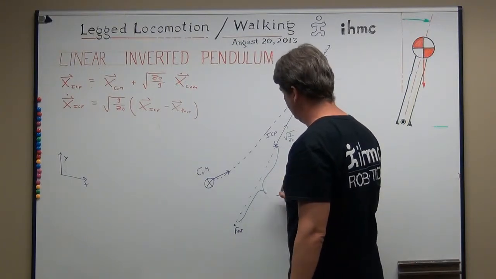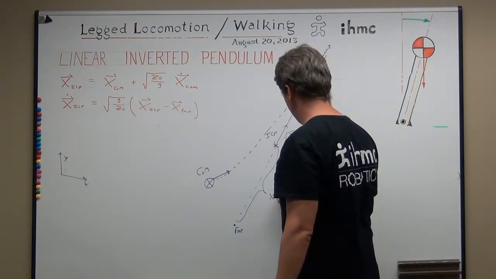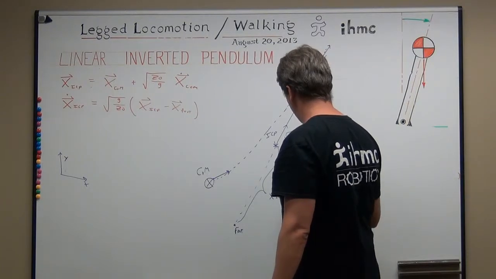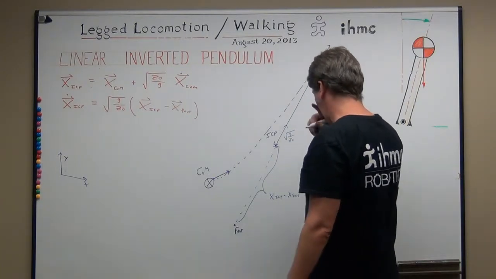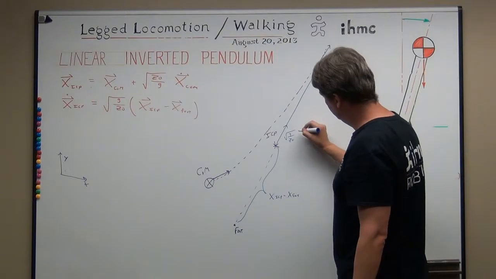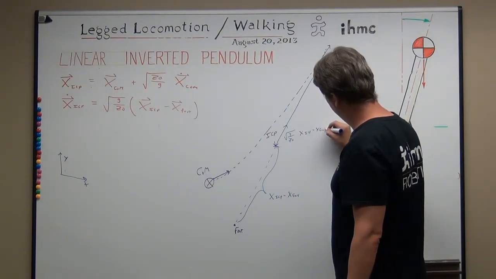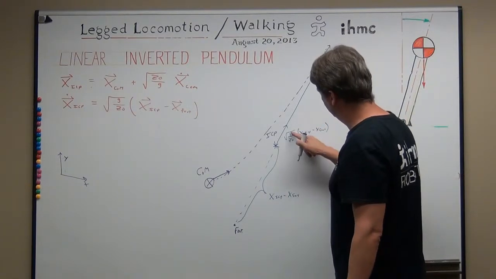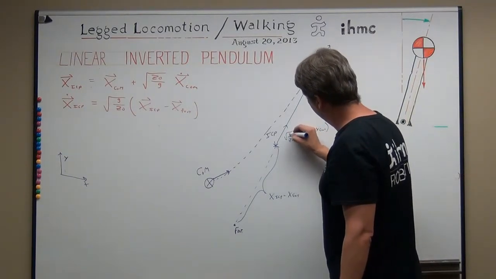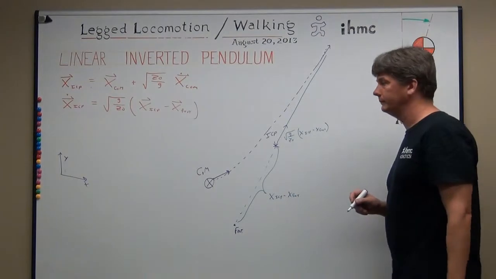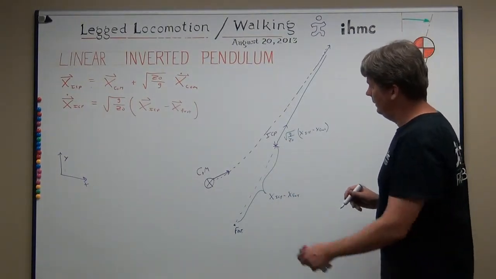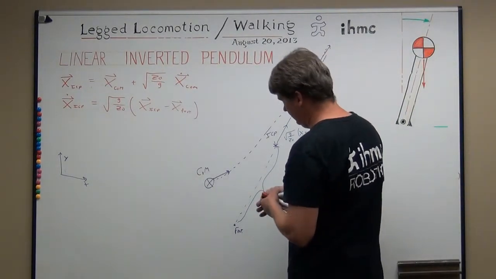So x ICP is x foot. You intend for the ICP to be on the vector between the ICP and the center of mass? The ICP velocity vector, I mean the velocity.